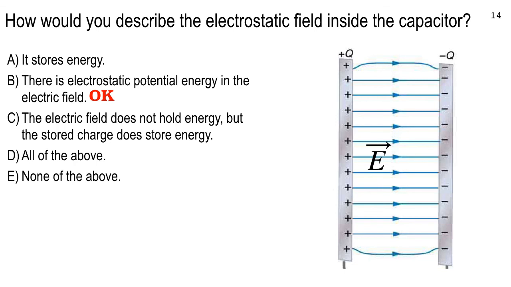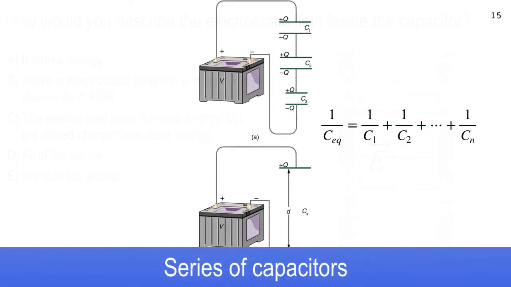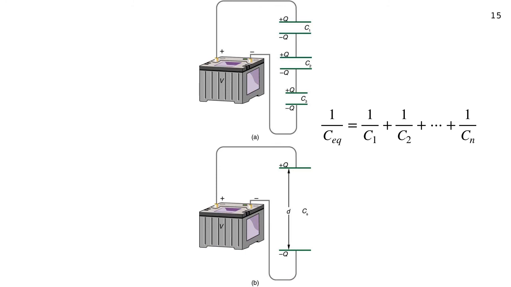Now I want to continue and give you a little extra instruction before we dismiss on capacitors that are hooked together in one circuit. Now there's two basic ways to do it. Hook them up back to back, or as we say in physics, in series. This is a diagram from the textbook.